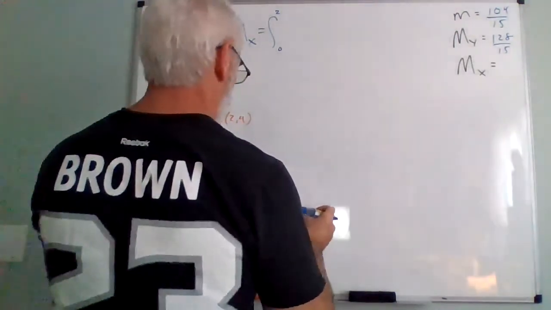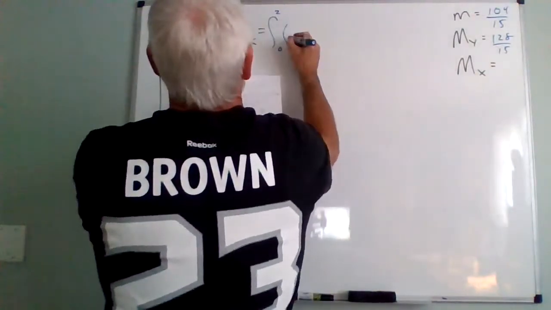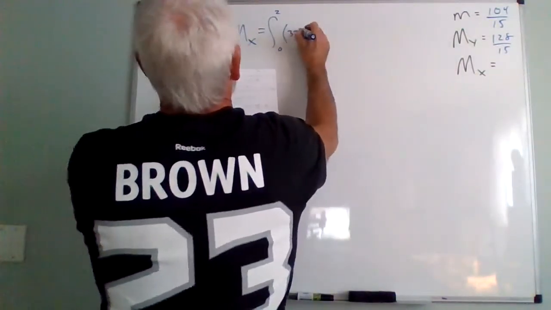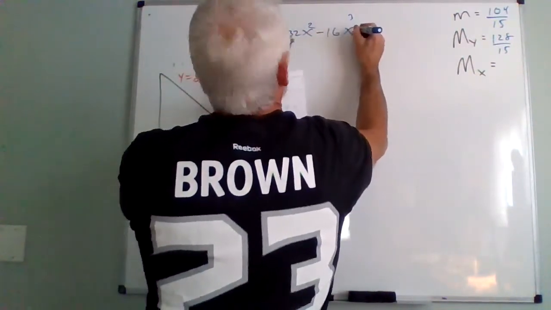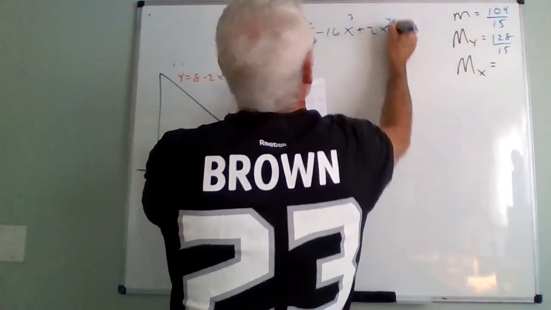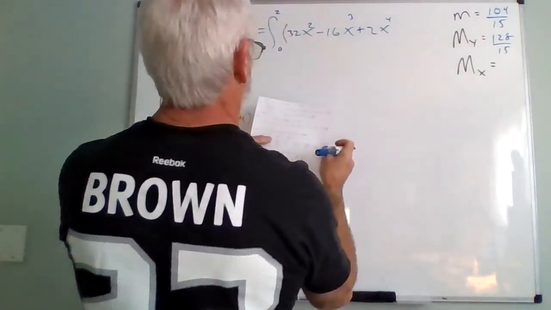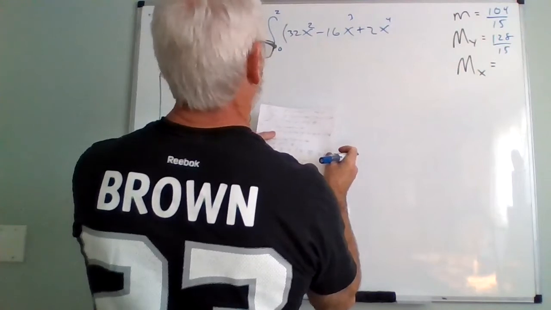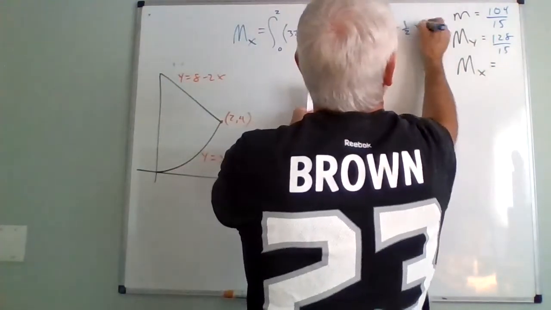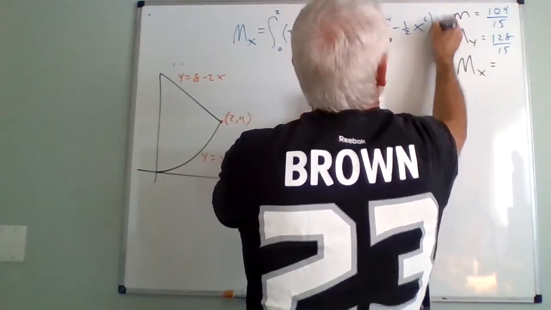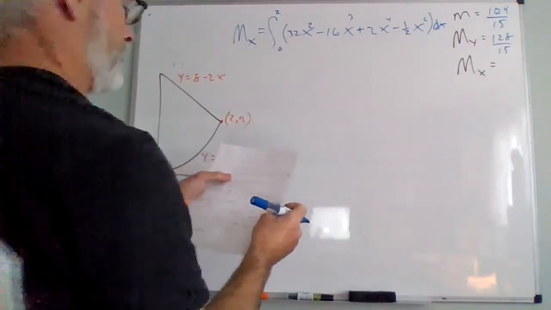So that one there, after I distribute, comes out to be 32x squared minus 16x cubed plus 2x to the fourth minus 1/2 x to the sixth dx. Double check that one. Yes.